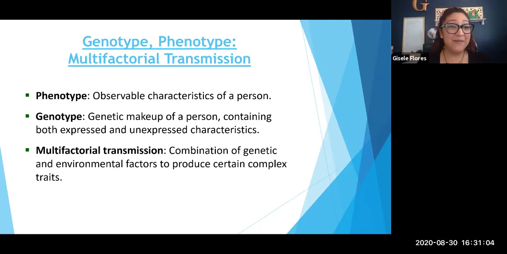That means your phenotype might not actually match what your genotype says. So multifactorial transmission is important because it really emphasizes the role the environment plays in that genetic-environmental relationship. Okay.